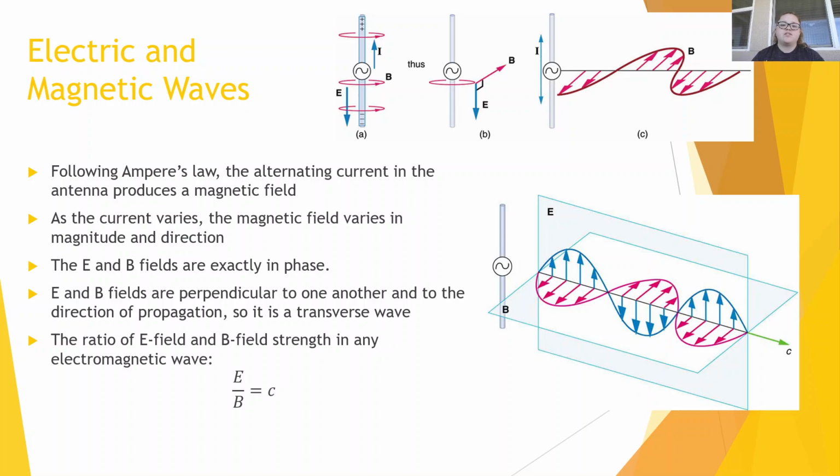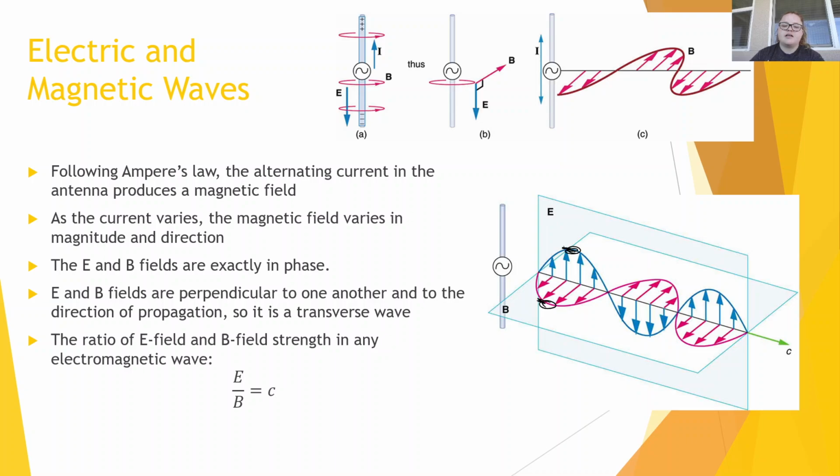So when waves are in phase, they will be increasing and decreasing at the same spot. So we have that increase up to some peak, and then decreasing, or maybe the peak is more over here. There we go. And then decreasing back, going into the negative, and so forth. So they're exactly in phase with each other, okay? Again, moving with some velocity c, which is the speed of light.